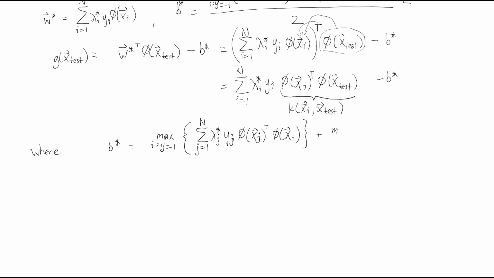Plus min over the positive data points, yi equals 1, of the sum over j equals 1 of lambda j star yj and phi of xj, transpose, and then multiply by phi of xi. All of this over 2.